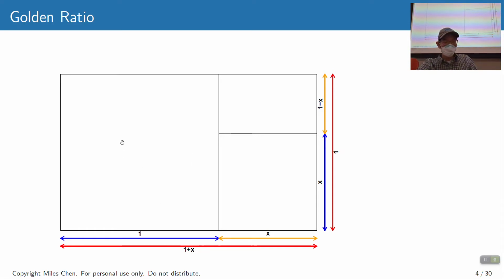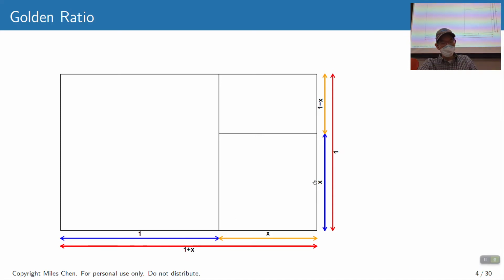That is to say, the original large rectangle had one side with a length of 1 and one side with a length of 1 plus x. This smaller rectangle, the long side has a length of 1 and the short side has a length of x.